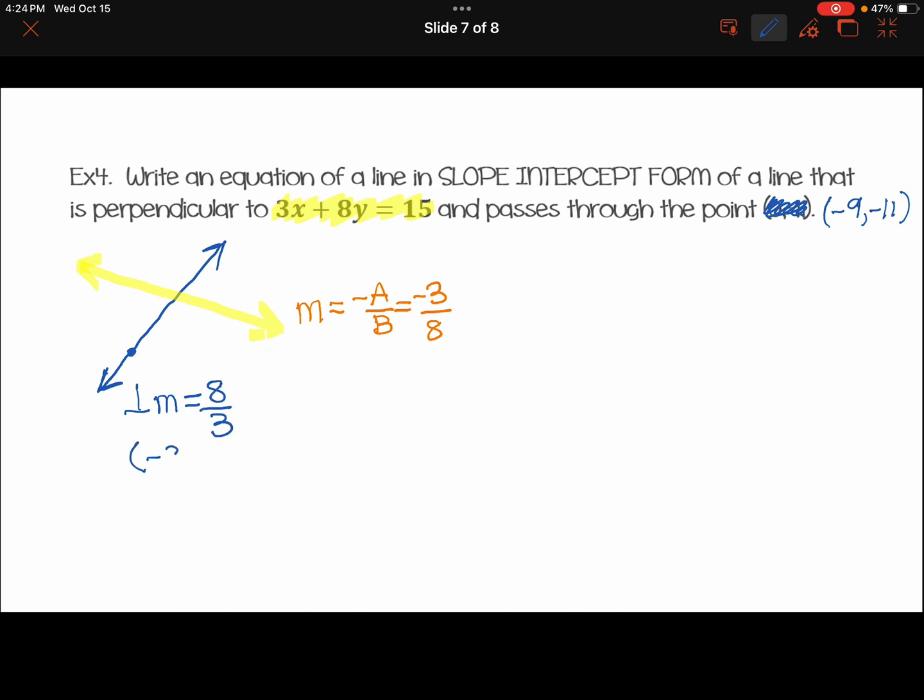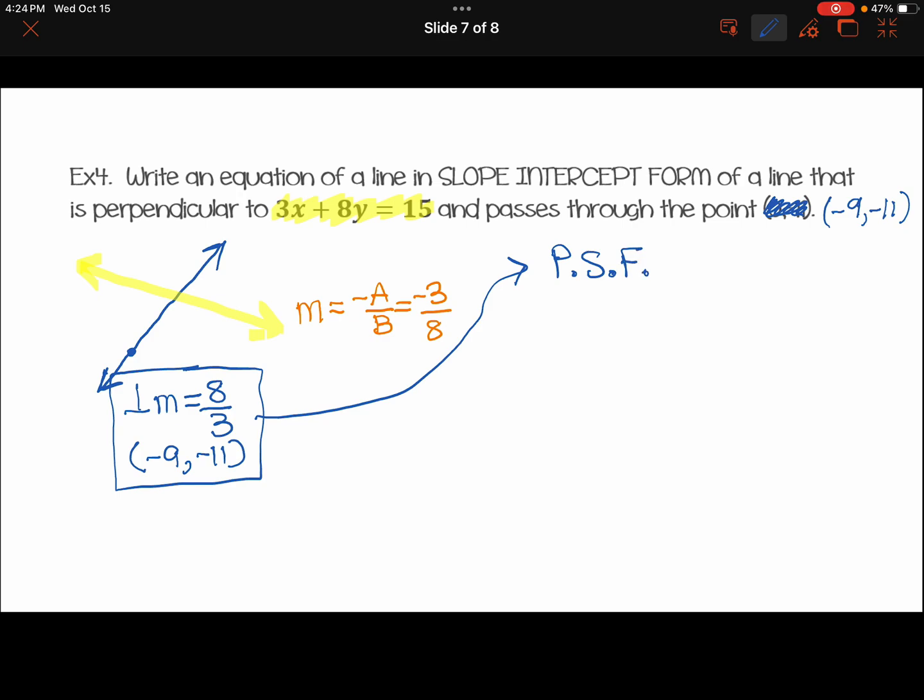And then I have a point, (-9, -11). Okay, with this information, the fastest form to do is point slope form. Now, had they given me the y-intercept, then the fastest form to do would have been slope-intercept form, but they did not give me that in our notes foldable. Okay, so let's go ahead and finish this off.